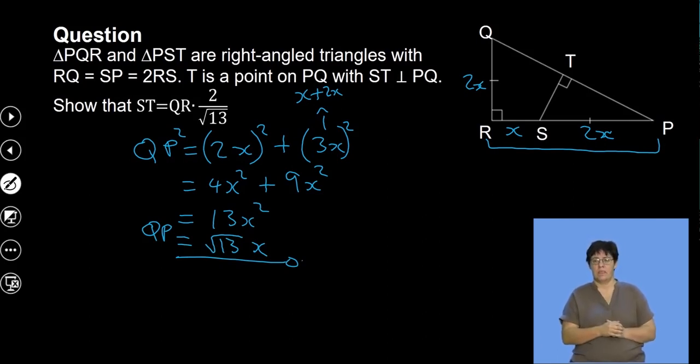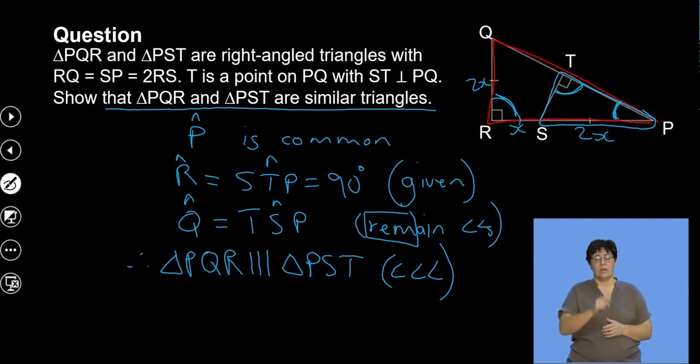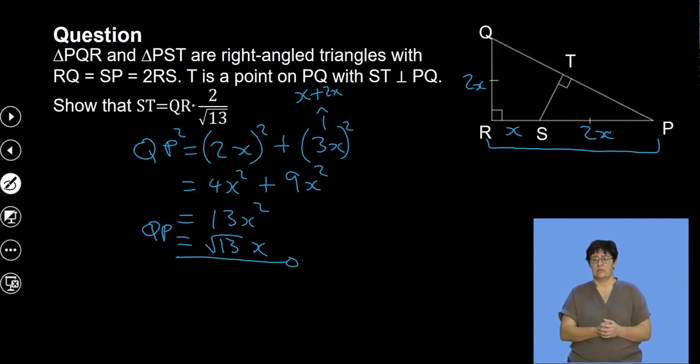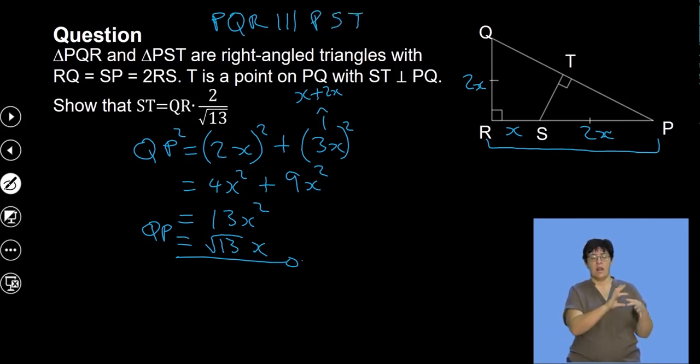And then I try to find how I can link QP to anything that I spoke about. Remember the ratio, the similarity that we proved. PQ can be linked with the PS there, right? So I'm going to go to that side. I'm going to just write it up here. We said PQR was similar to PST. Then I link the ratios. PQ will go with PS. Do I know what PS is?